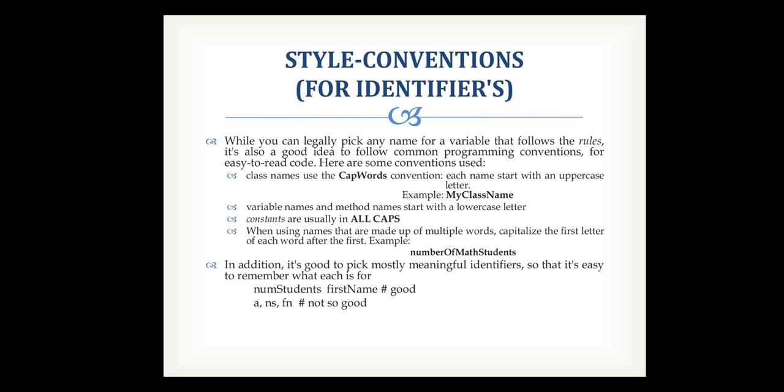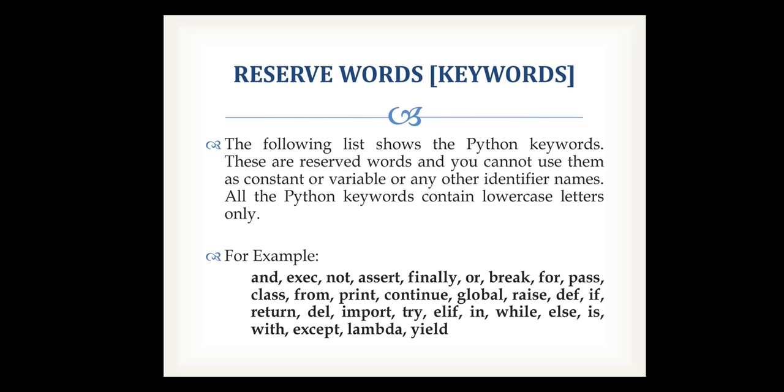Again, see firstName, so F is small and N is capital. Writing all identifiers in lowercase is not a very good idea, as it will be very confusing. So you have to follow some style conventions.